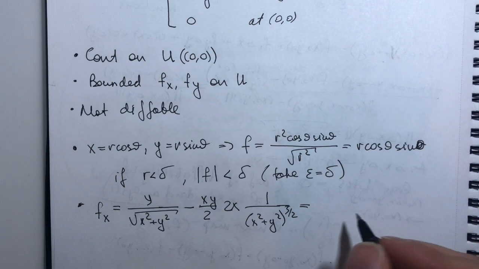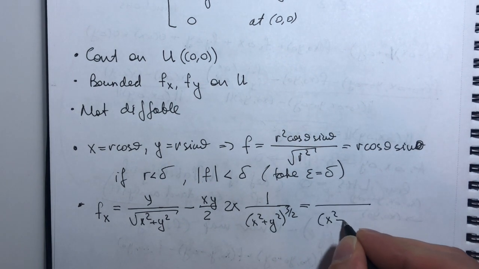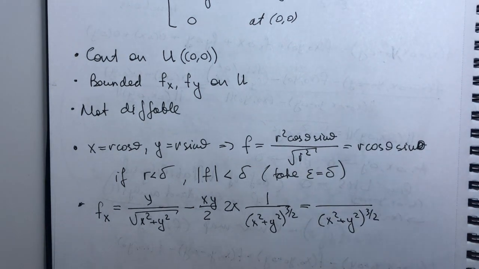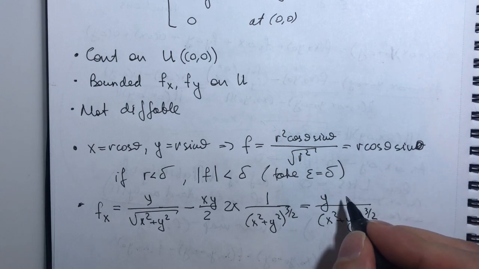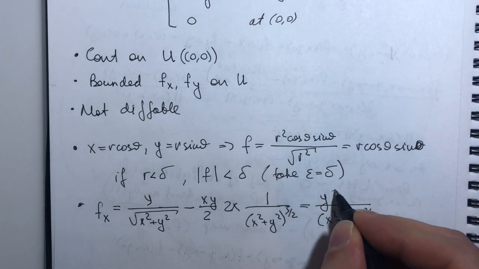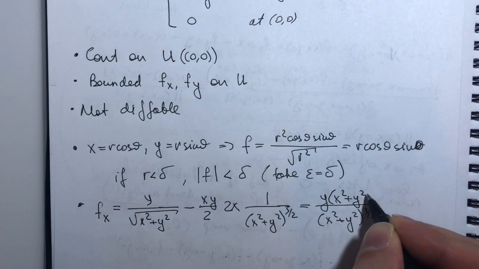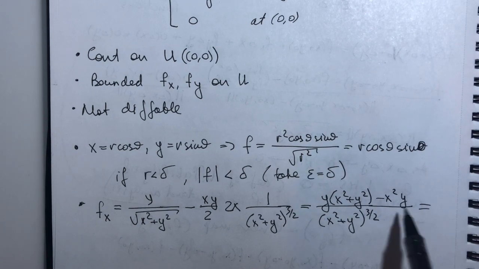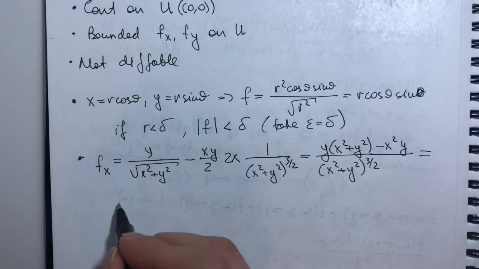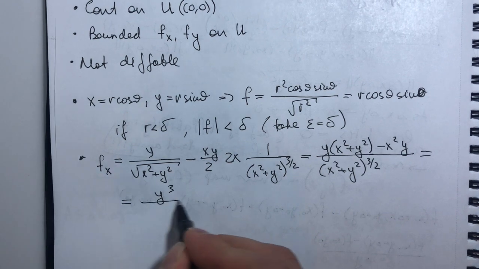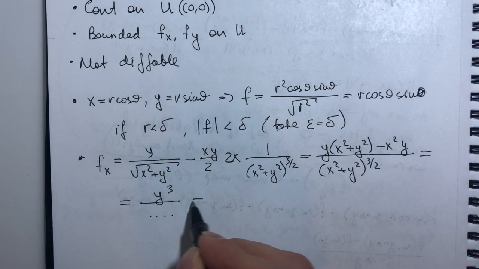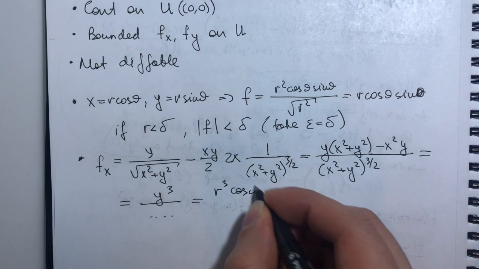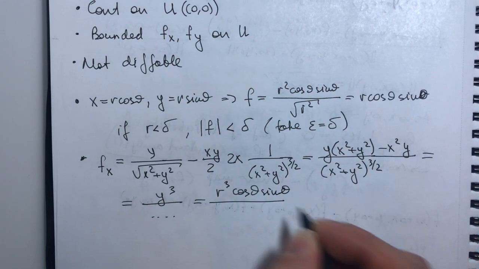Now, if I collect them all in one fraction, I would get that on the bottom, and on top this is going to be y cubed. This is going to be y times x squared plus y squared minus x squared y after all simplifications. Now x squared y here, x squared y here cancel out, and I get y cubed over this fraction. Again, if I use polar coordinates, I get r cubed cos theta sin theta.